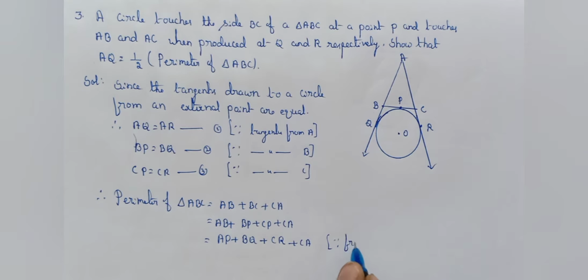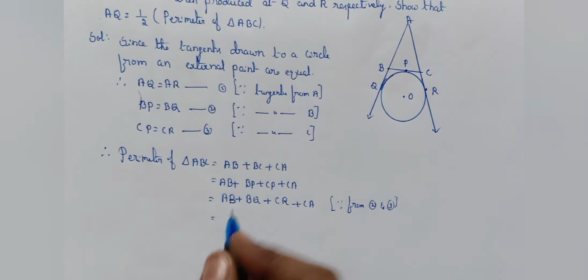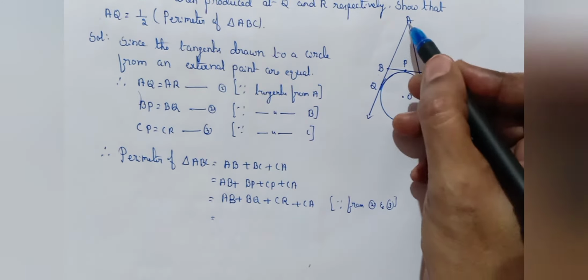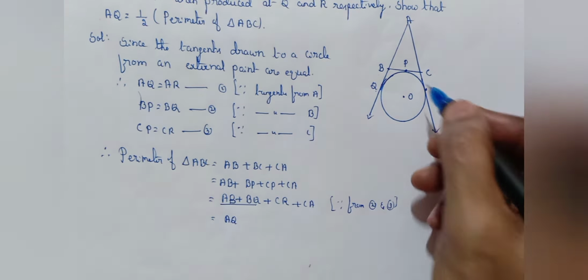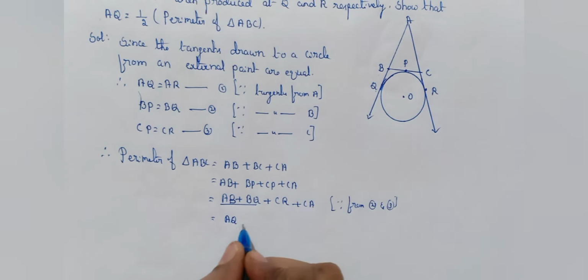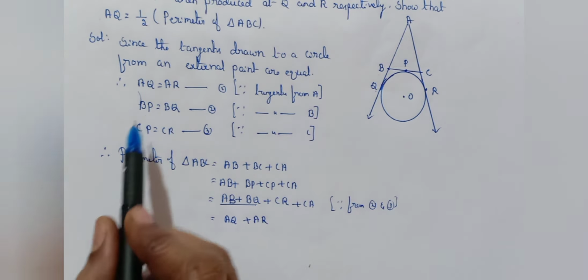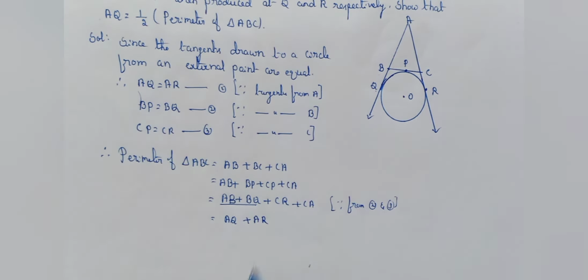From equation 2 and 3. Now AB plus BQ is AQ, and CR plus CA is AR. And then AQ plus AR. From equation 1, AQ is equal to AR, so substitute AQ in place of AR.